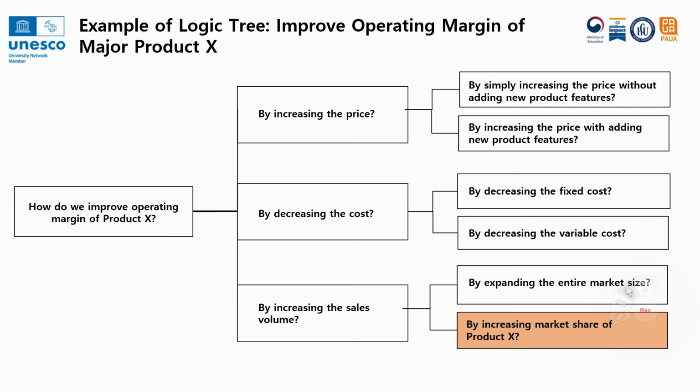But $100 is not the entire money we can take. We have to give some of the $100 to the suppliers because we bought the raw materials from our suppliers. And also we have to give some money to the employees who did their best in manufacturing, in producing this product.